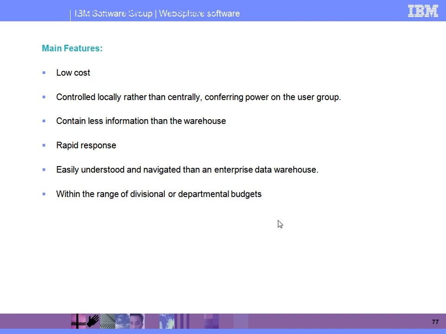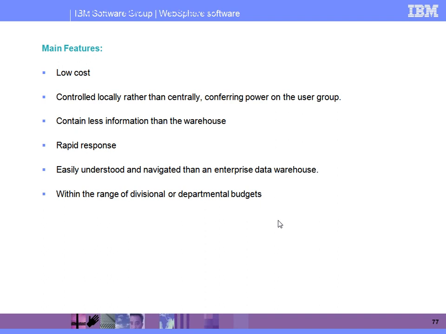Why? Because data marts maintain only one single subject area's data. And when we compare by data size, data marts are always smaller than the data warehouse. What data we have in data marts is only one particular subject area's data. That is the reason it also provides rapid response.